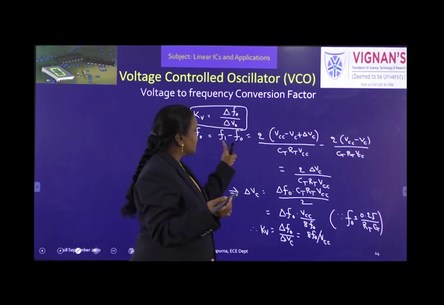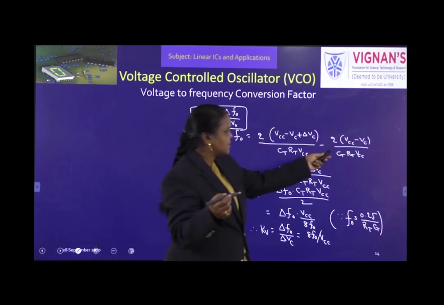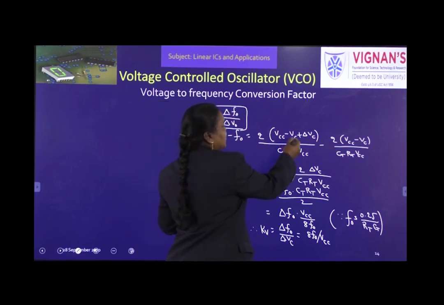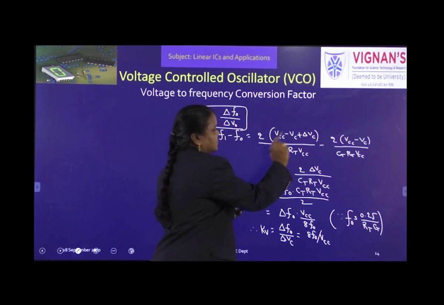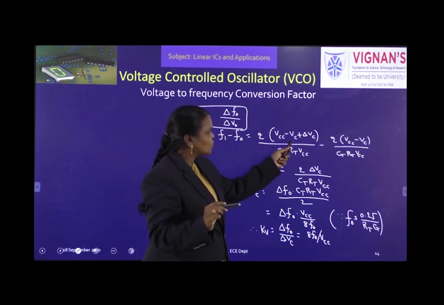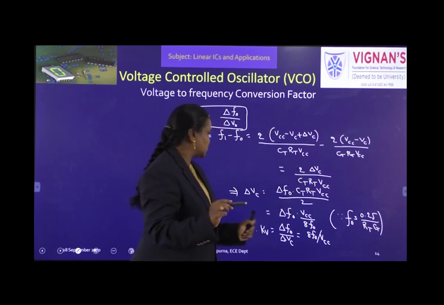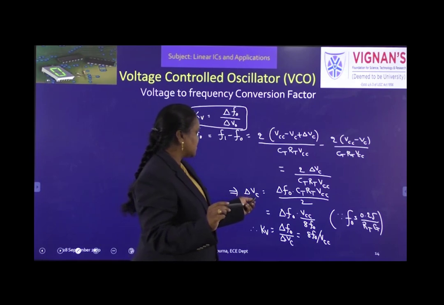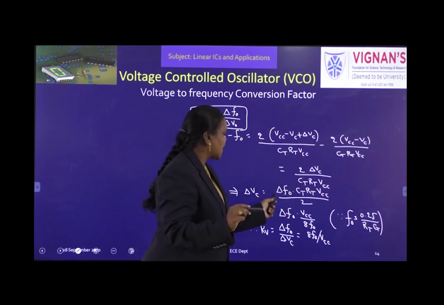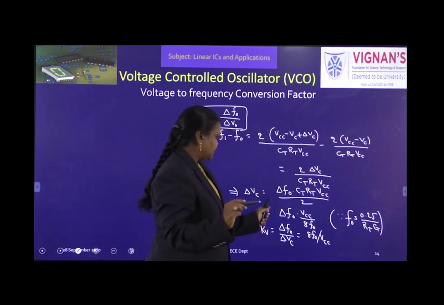So f1 means, just now we have derived the frequency of oscillations formula. This is the formula. So here in the place of Vc, we are writing Vc minus delta Vc. If you simplify this, the first 2 terms get cancelled. So 2 times delta Vc by CT RT Vcc. Now what is delta Vc? Taking the remaining terms to the other side, this is delta Vc.